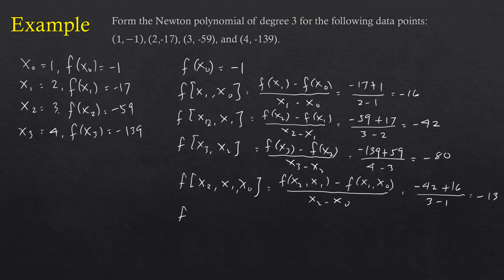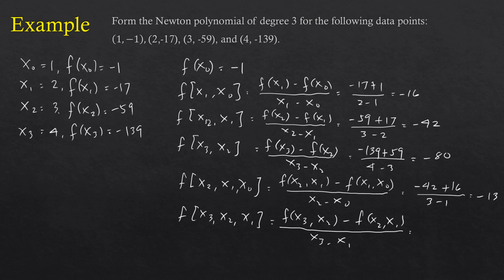We calculate also for f of x3, x2, and x1. That is f of x3, comma x2 minus f of x2, comma x1 all over x3 minus x1. f of x3, x2 is negative 80 minus f of x2, x1 is negative, so that is positive 42 over x3 is 4 minus x1 is 2.